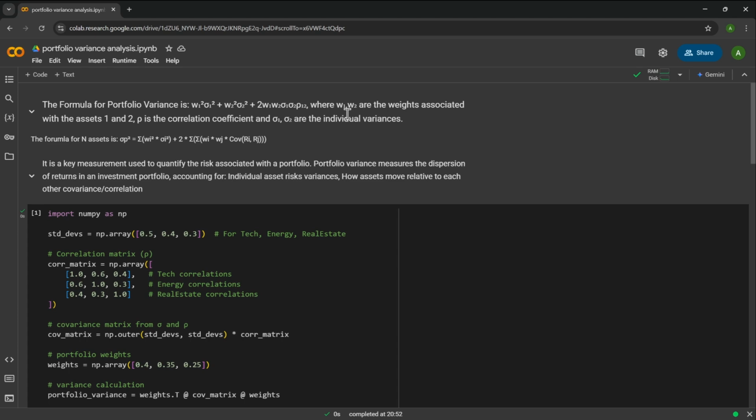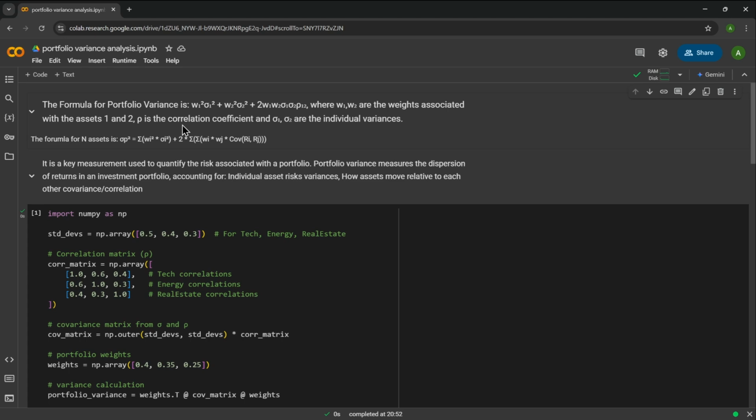In order to calculate the portfolio variance, let's first take an example of two assets. In our portfolio, you have only two assets. To calculate the portfolio variance for that, this is the formula, where W1 and W2 are the weights associated with asset one and asset two.